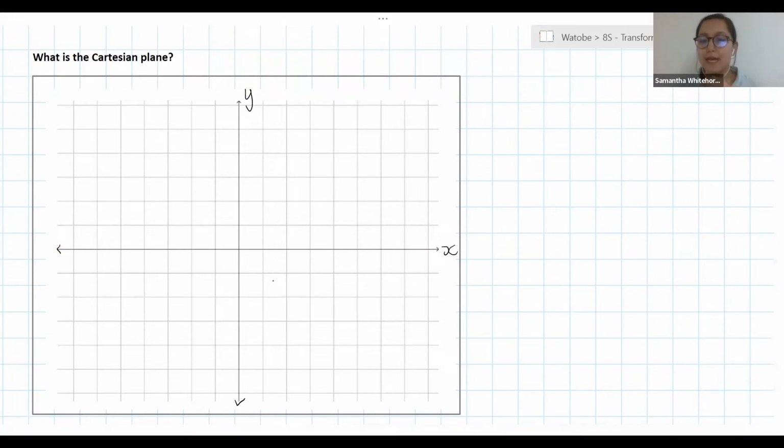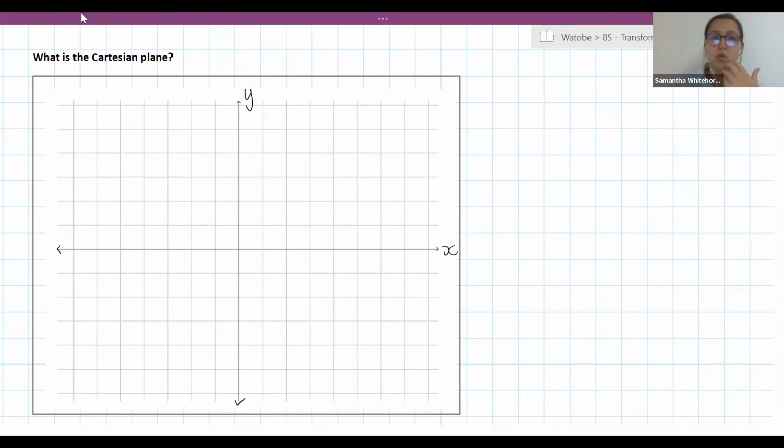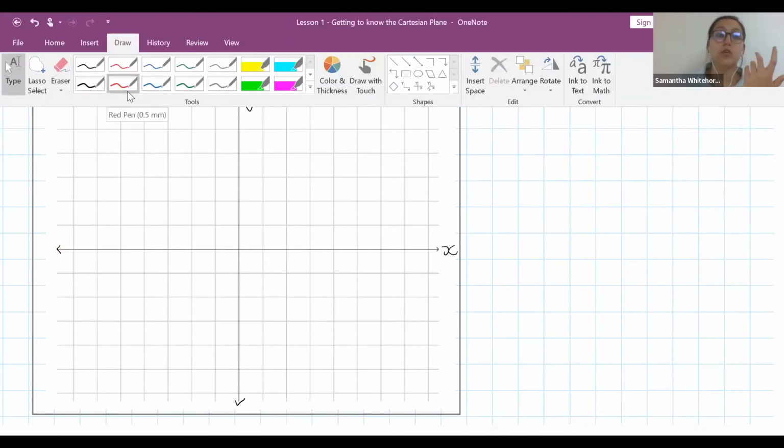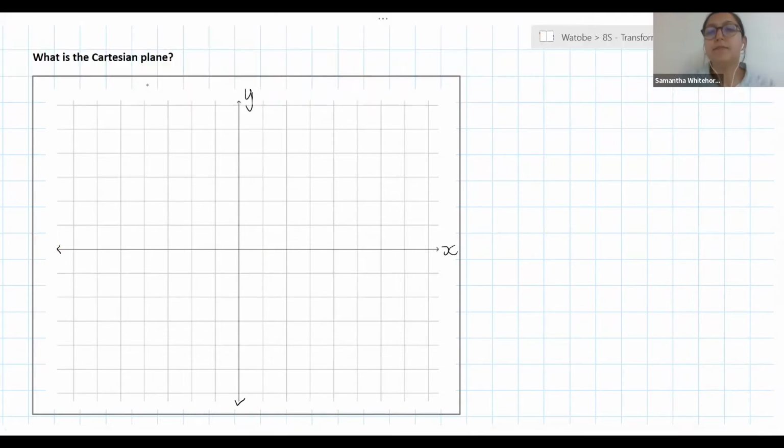Now, what these two axes allow me to do is plot points on the Cartesian plane. So it allows me to create this map for myself of where specific points sit on the Cartesian plane. So the first thing we need to understand is what is a coordinate and what does a coordinate look like? Coordinates, I spell it with a dash, your teacher might not.